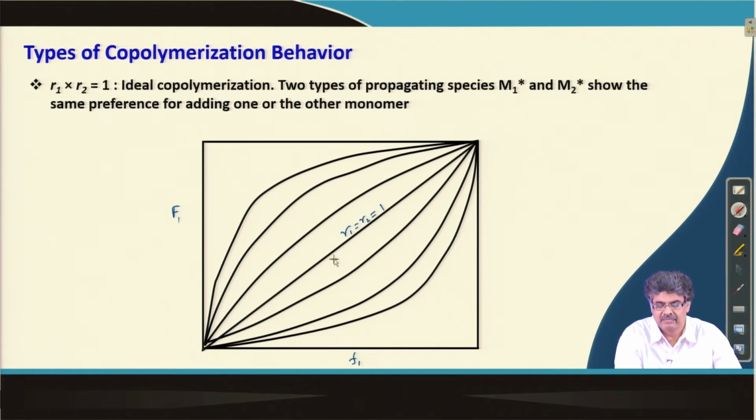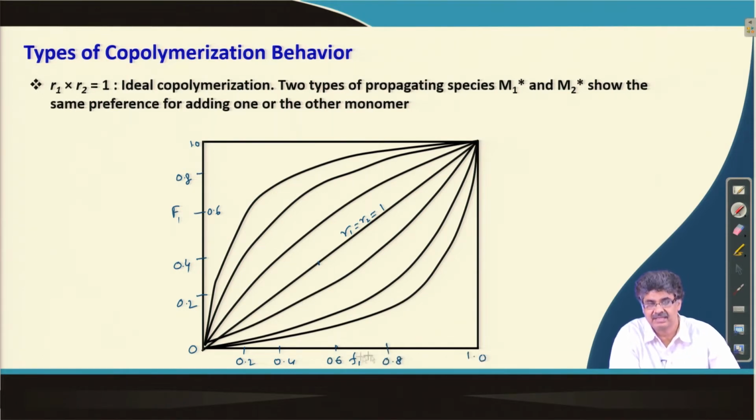So, for each point, this is 1, say this is 0.8, 0.6, 0.4, 0.2, similarly this is 0.2, 0.4, 0.6, 0.8, 1. I did not draw the scale properly, so maybe I will try to draw the scale a little better way, otherwise it will be confusing.